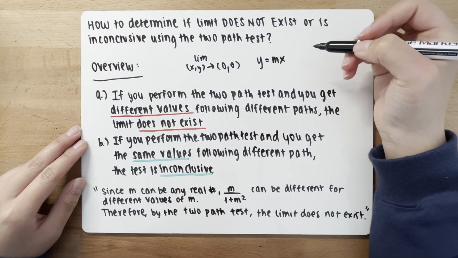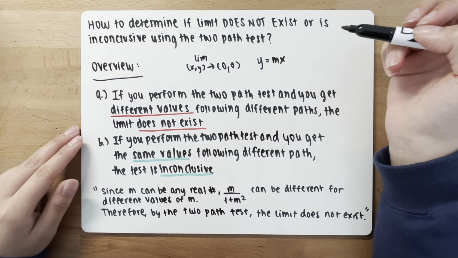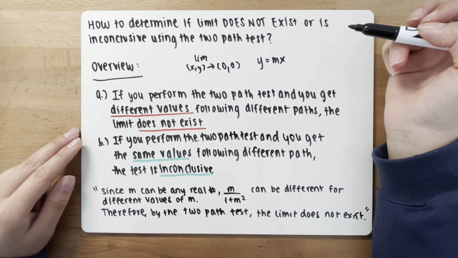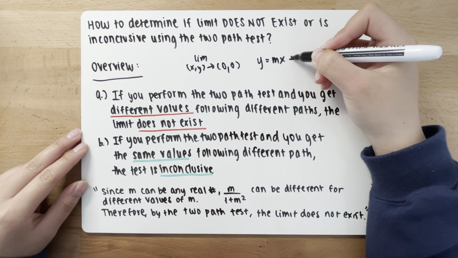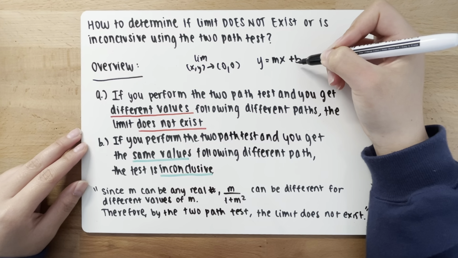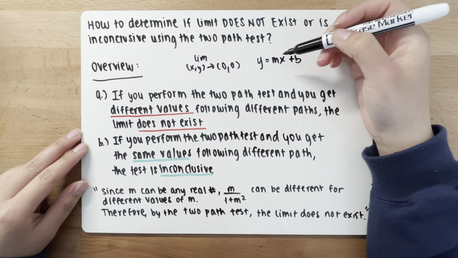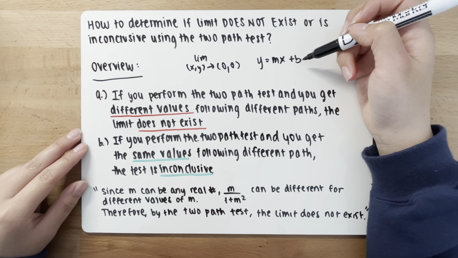So whenever you see a y, you will substitute it with mx. Because when you do y equals mx plus b, since y is 0, the y-intercept will be 0. Therefore, you can just assume that y is mx.